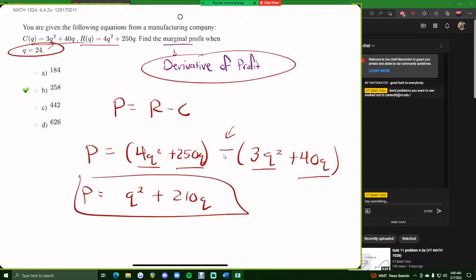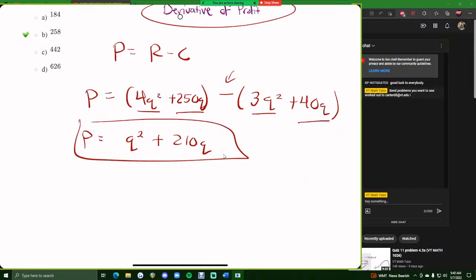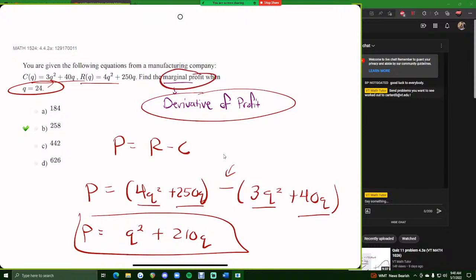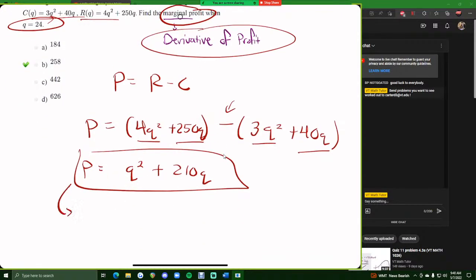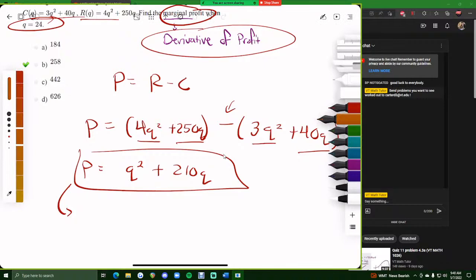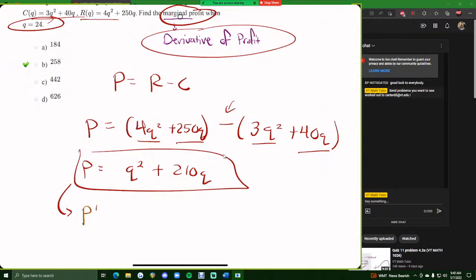This is our profit. So to find the marginal profit, we want to take its derivative. P prime is 2Q plus 210. 2 comes out in front, and 210Q, a constant times Q, just goes to that constant.